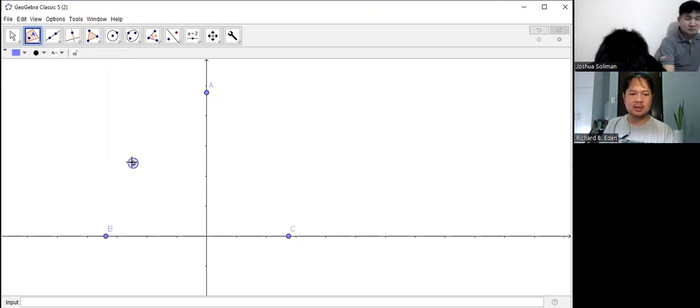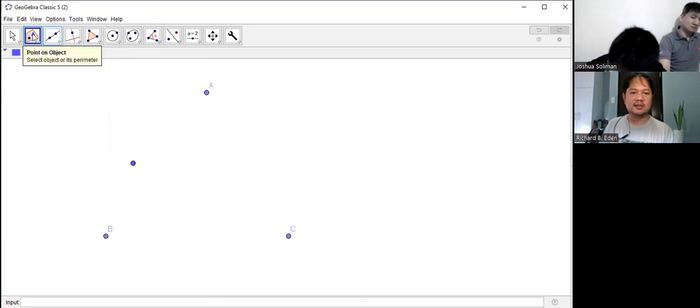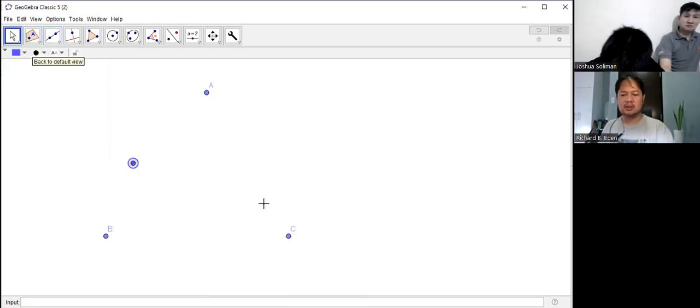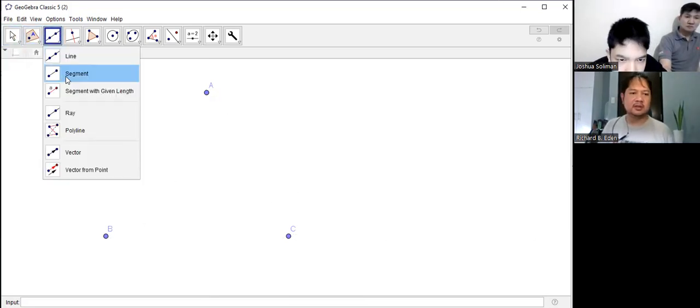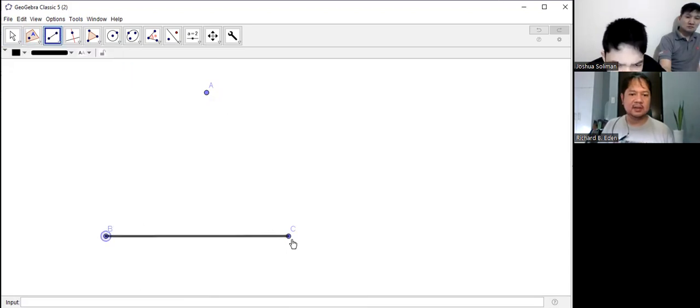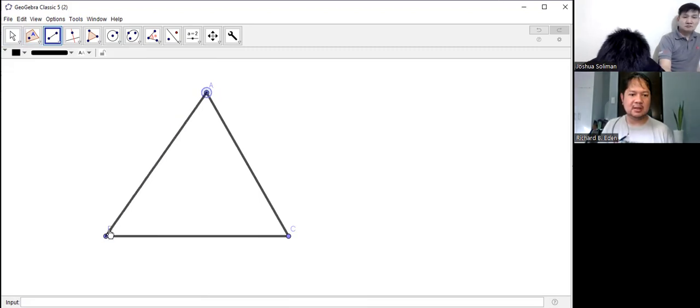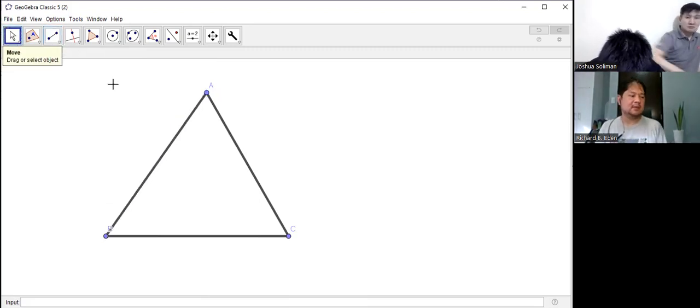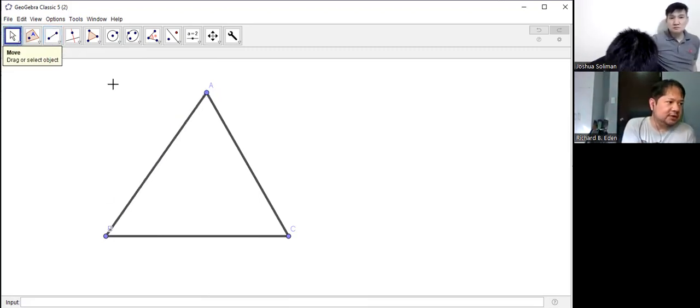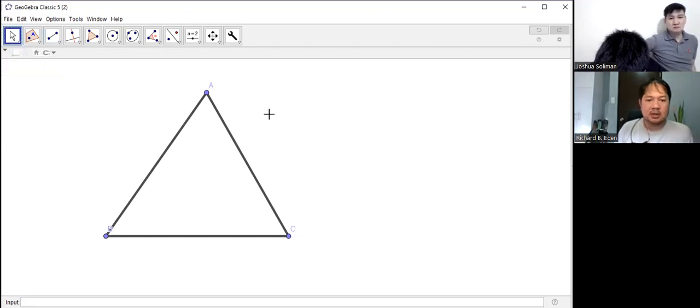And then let me hide the axes. I don't need that point. So these are the sides: a, and then small b, and then small c. Okay. The 9-point circle consists of the midpoints.